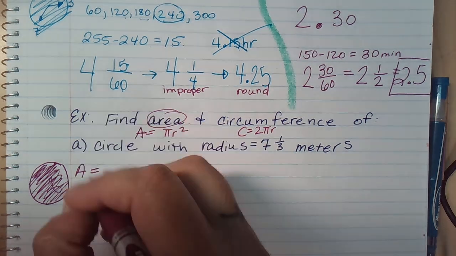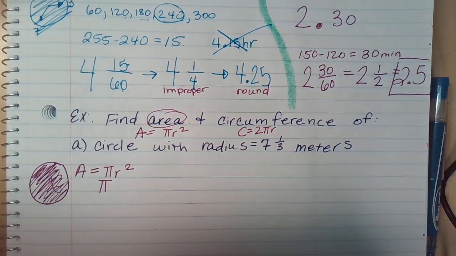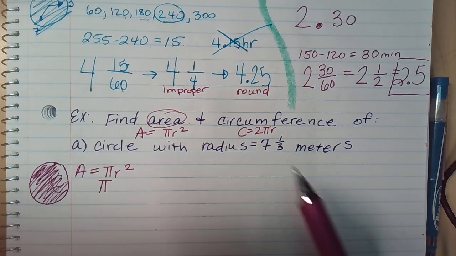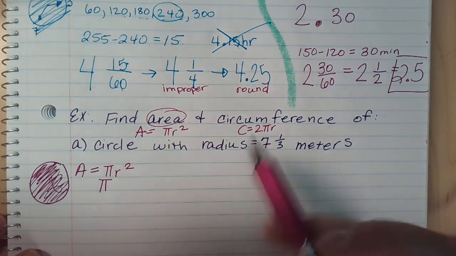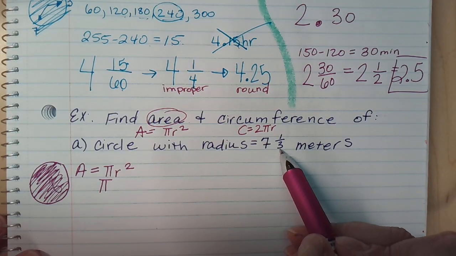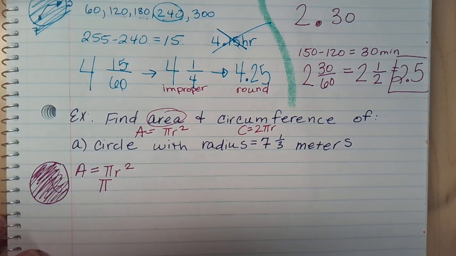So area is pi r squared. That's pi, and then let's change this 7 1/3 to either an improper fraction or a decimal that stops and terminates. I don't think this terminates. It keeps on going, like 7.3333333 for the rest of your life. So let's make it improper.